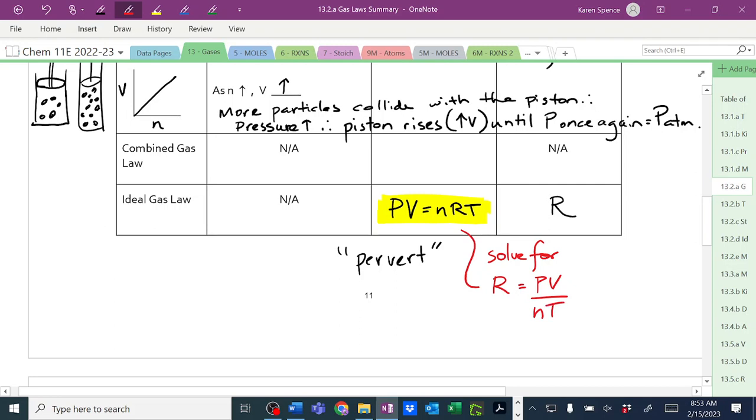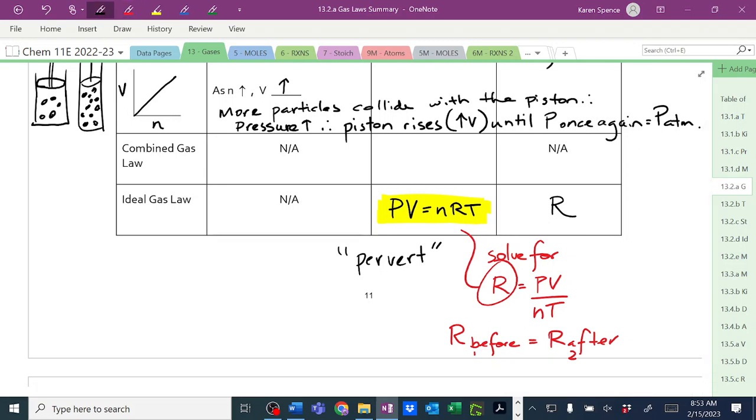Yes, we are. And so R is going to be the same no matter whether you're at condition 1 or condition 2. So R before is going to equal R after. In other words, R1 is going to equal R2 because it's a constant.